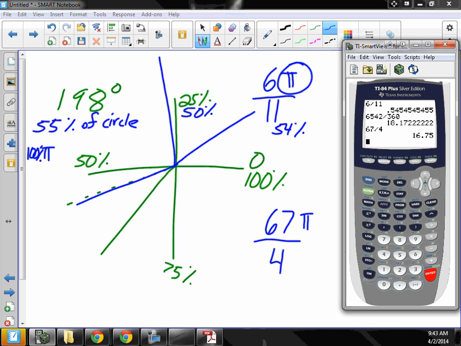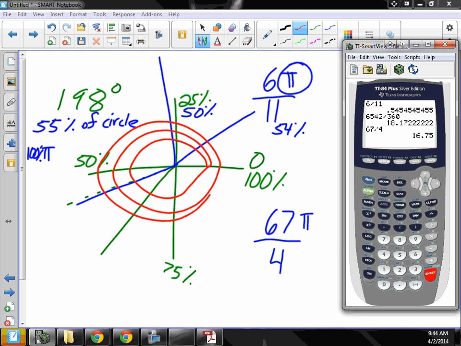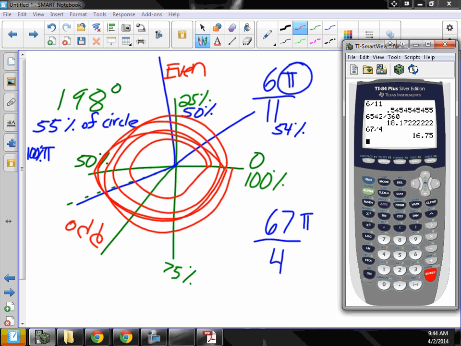So if I count the pi's, notice 1 pi is on the left, 2 is on the right, 3 is on the left, 4 is on the right: odd, even, odd, even. So it's even from here to here, and it's odd from here to here. So the top half is always even, and the bottom half is always odd. So 16 is an even number, so we're looking at 75% of the top, which lands in quadrant 2.